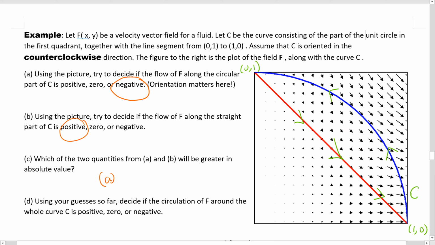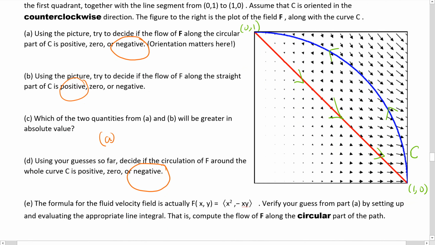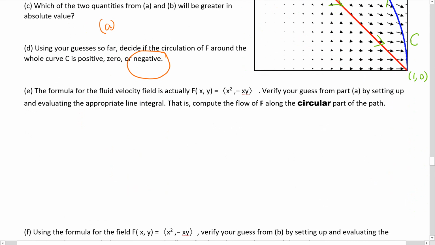Okay, using your guesses so far, decide if the circulation of F along the whole curve is positive, 0, or negative. Well, because part A is negative, part B is positive, and we know the magnitude of part A is bigger, we guess the answer should be negative. Okay, that's our guess. Now let's calculate.